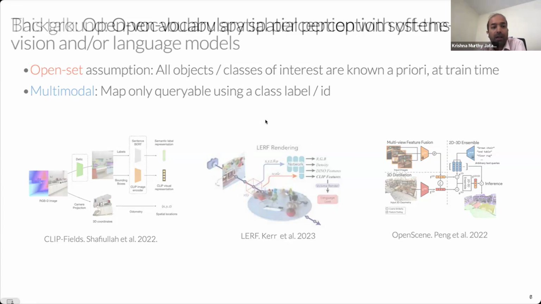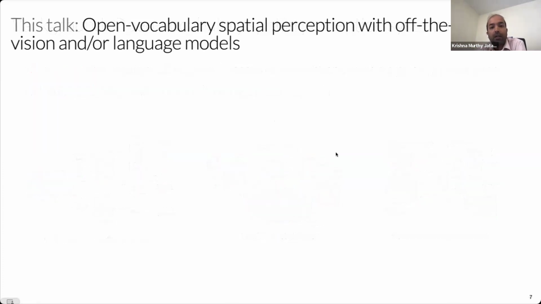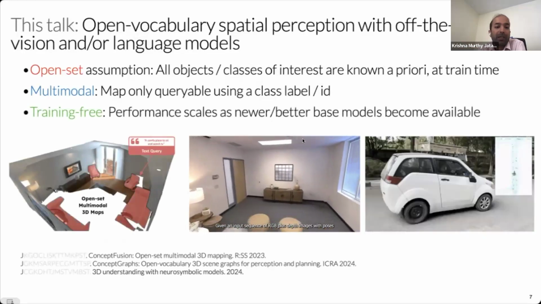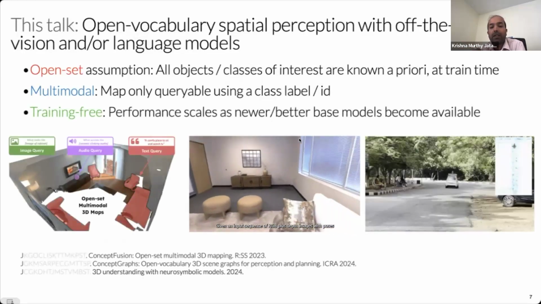So in this talk, I will focus on open vocabulary 3D perception, and the specific angle is we will be using off-the-shelf models without any particular training or fine-tuning. So we will be open set, we will be multimodal, but we will also be training free.